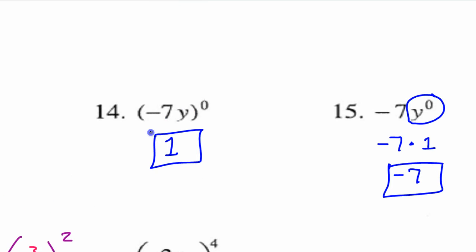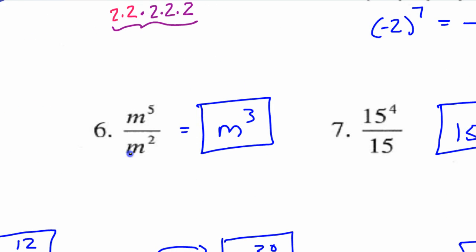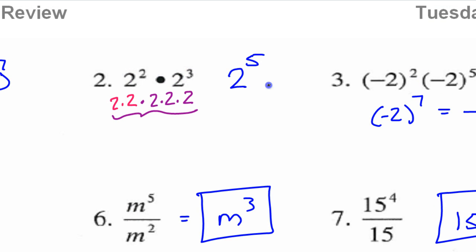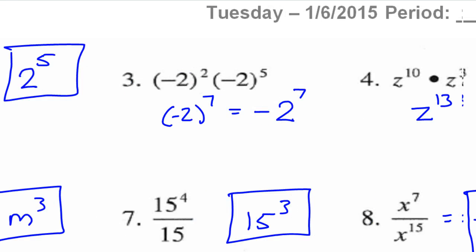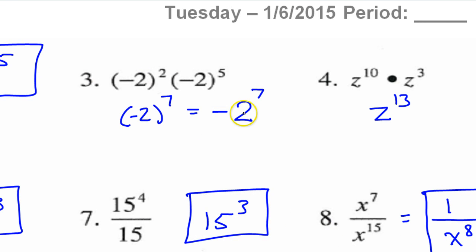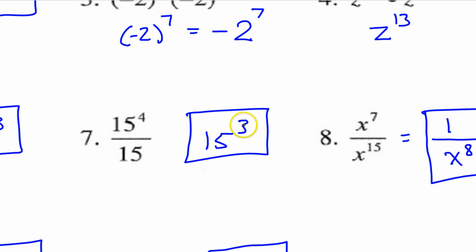Now, you might have noticed that sometimes we leave numbers with the power. So here we have 2 to the 5th power, and I did not write this out. I think this is 32. I didn't put 32. I left it as 2 to the 5th power. And similarly over here I had negative 2 to the 7th power, and here I did 15 to the 3rd power. So why did I not put the actual number?